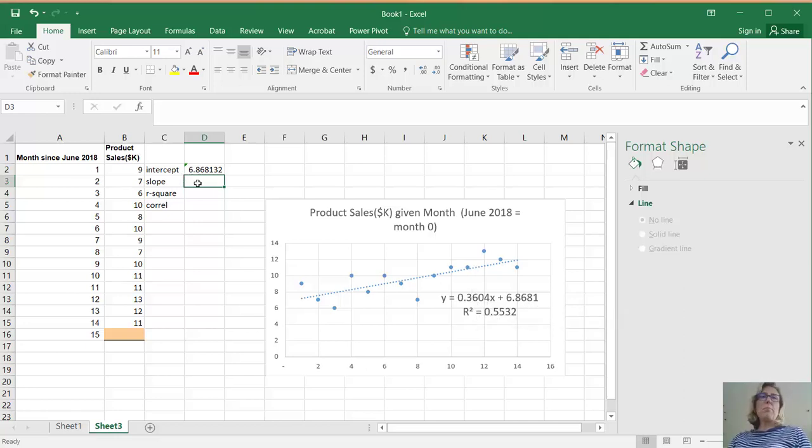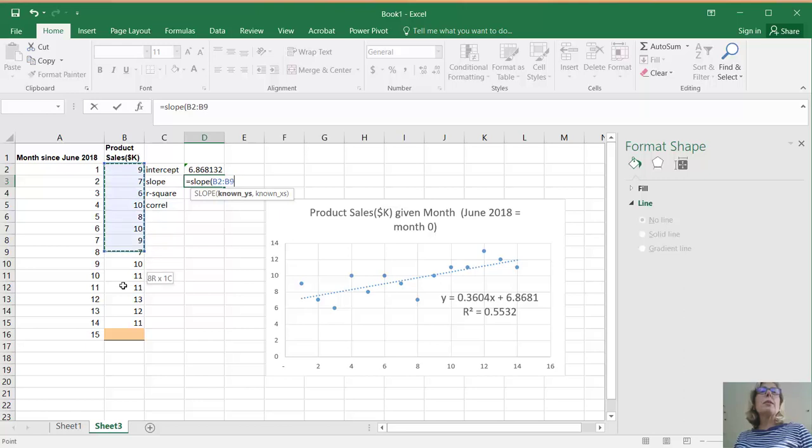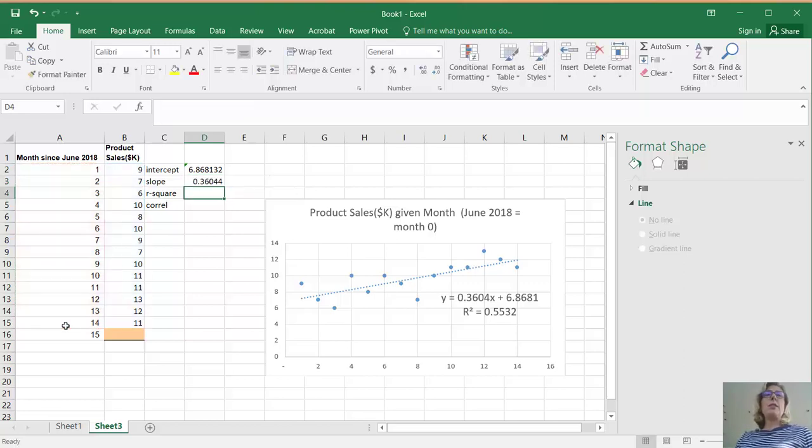All right, slope is going to be similar. I'm going to do slope. It's going to ask, what are our known y's? There they are. And what are we using to predict those, in this case, month? And it shouldn't surprise you that we get the same thing here.